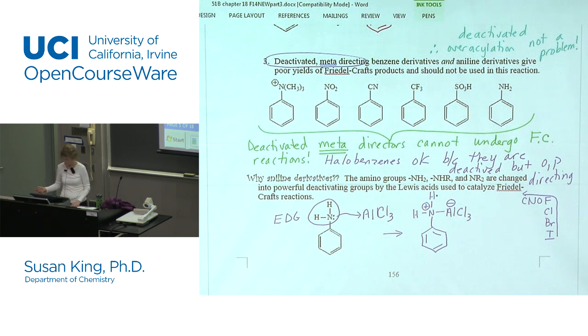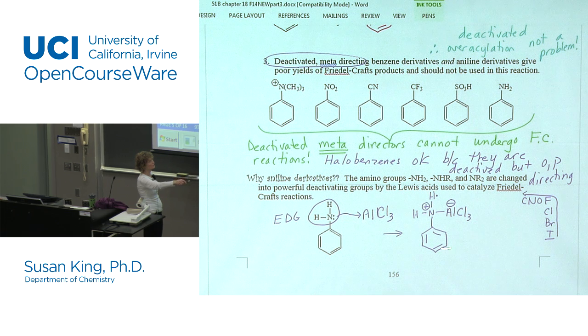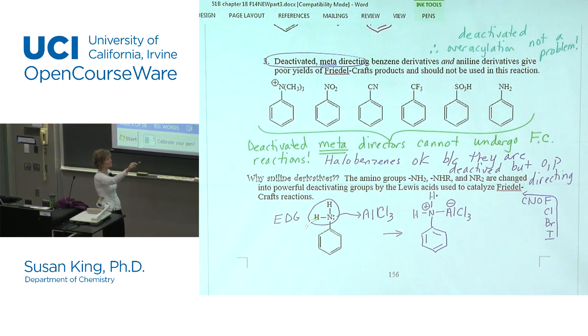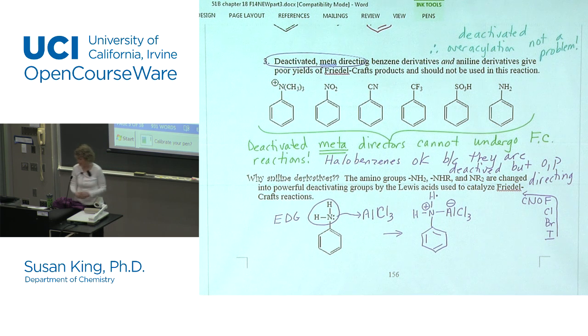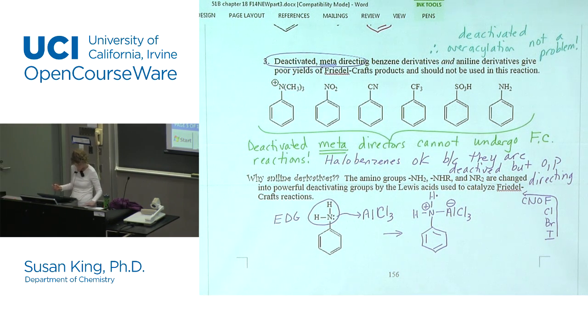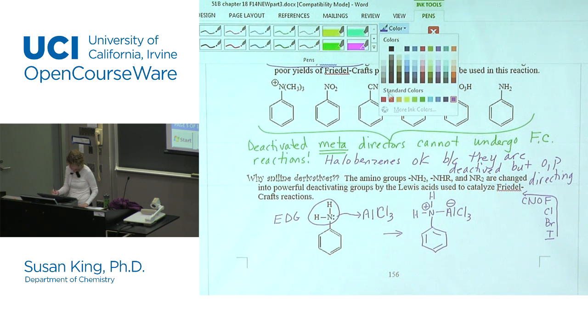It almost looks like this guy, right? Now the nitrogen has a full positive charge on it. That's a strongly deactivated meta-director now. So we've just turned this strongly activating group into a strongly deactivated meta-director. Let's label that.